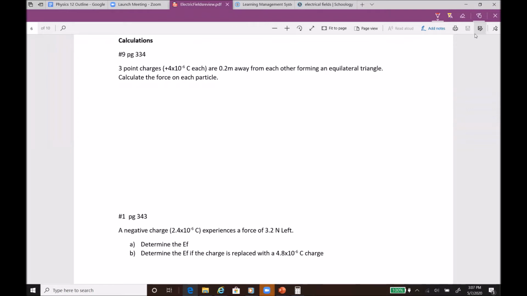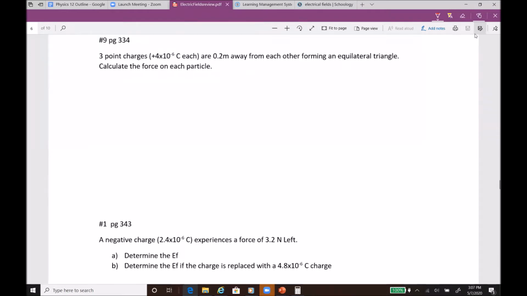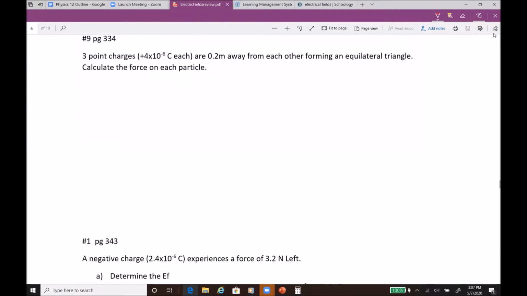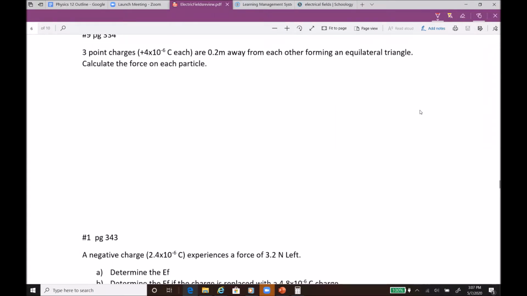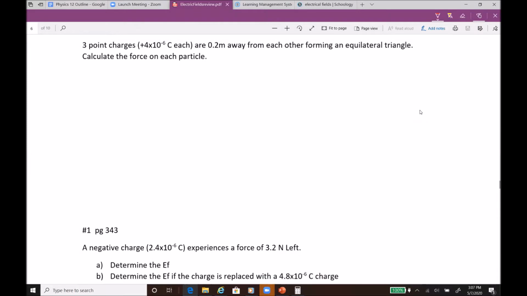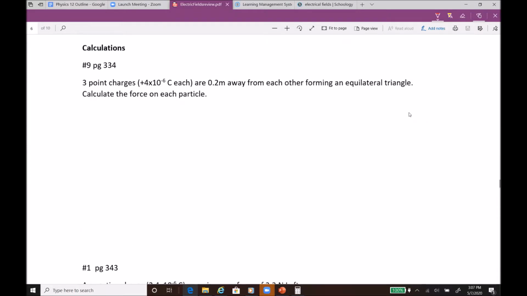Question number 9, you have 3 point charges that are 0.2 meters away, forming an equilateral triangle. So it will look something like this: 1, 2, 3. Each charge is the same, so they're all positively charged.